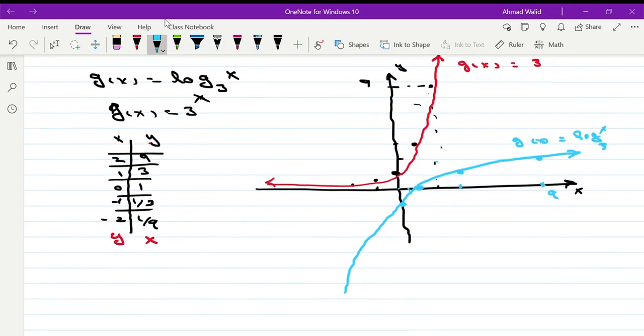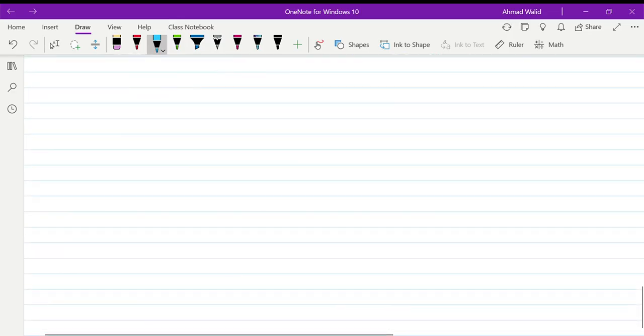Because remember I told you that the inverse of a function is actually symmetric about the y equal x, correct? This is how easily you can graph the logarithmic function, but you have to first change your logarithmic function to exponential function. Then after that, you can graph easily the logarithmic function.